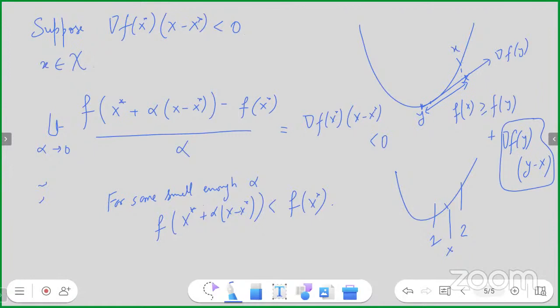What does it mean? What does it mean for it to be less than 0? The slope over there is the slope from one side. Because x is greater than 1, x minus x star will be greater than 0.